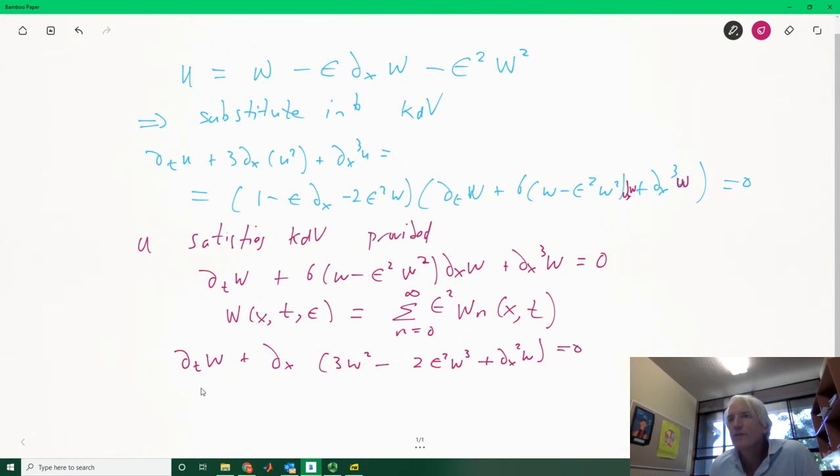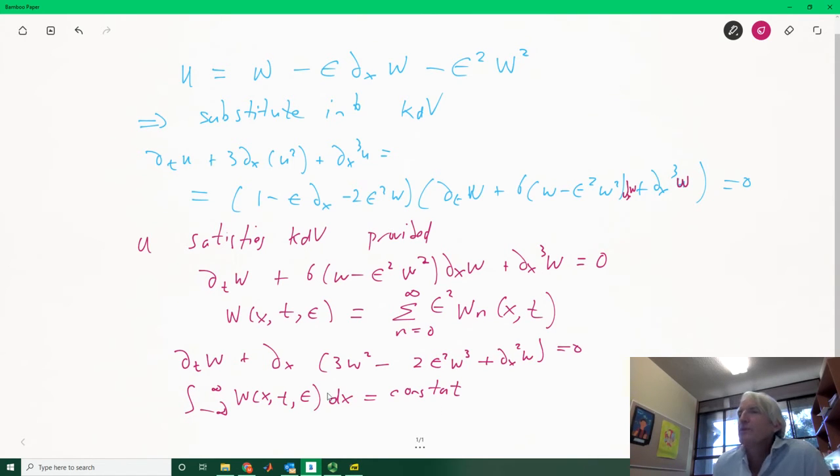So we know that the integral from minus infinity to infinity of w is always equal to a constant. I've run out of space here, but this is true for every epsilon, independently of epsilon.